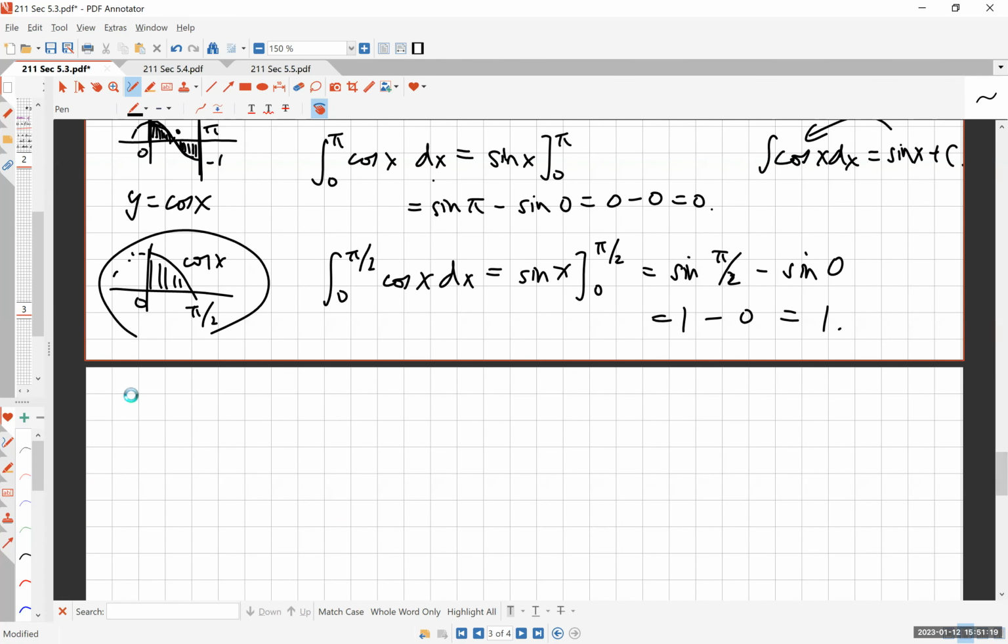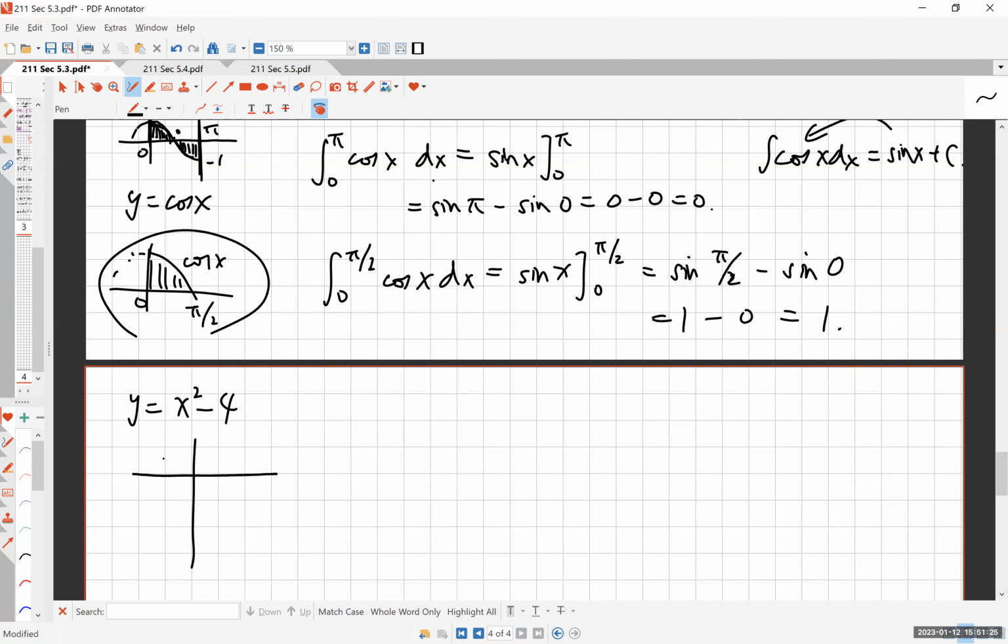Okay, let's do another one. How about y is equal to x squared minus 4? Now, this is a parabola that goes down to -4 at 0, something like this. Let's evaluate the definite integral of this function from 0 to 2.